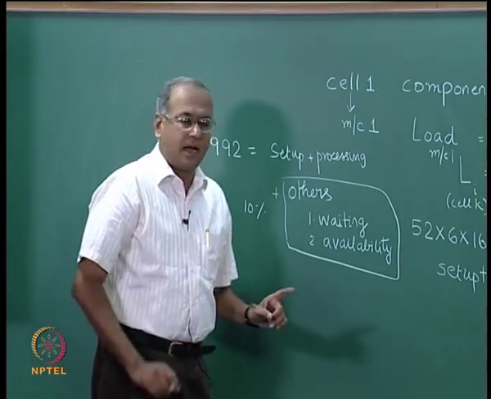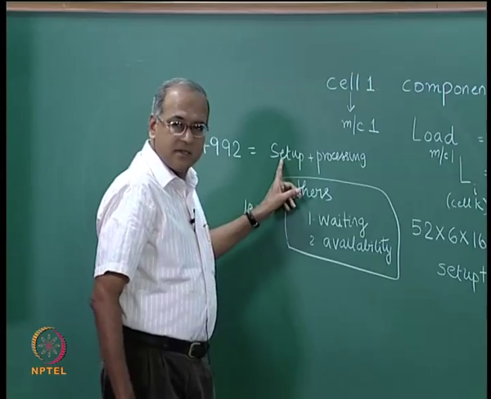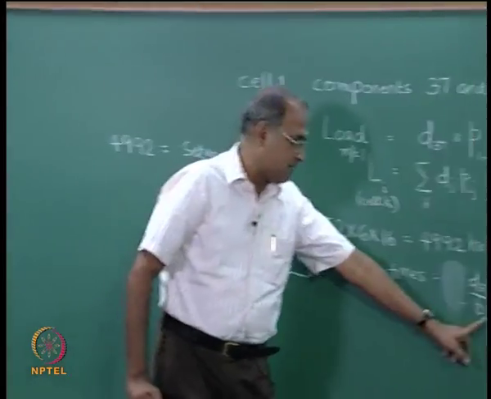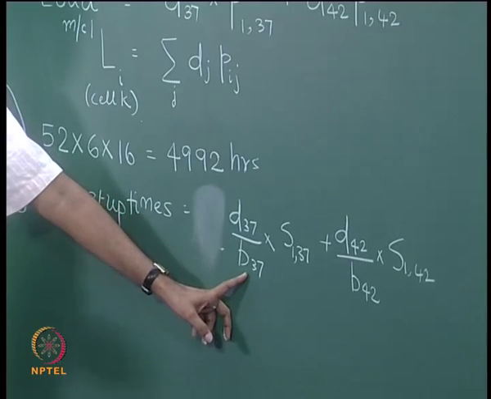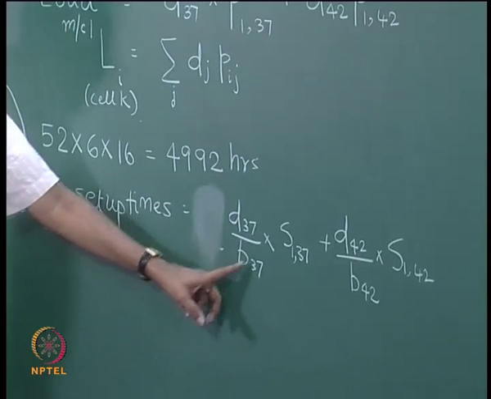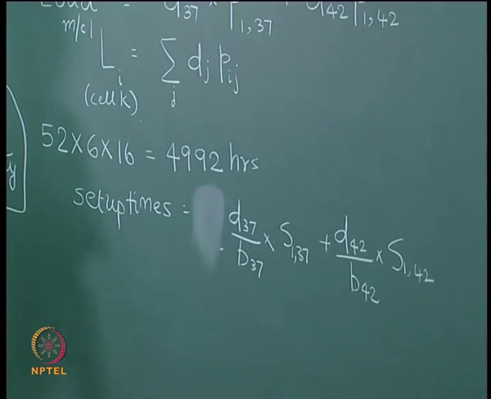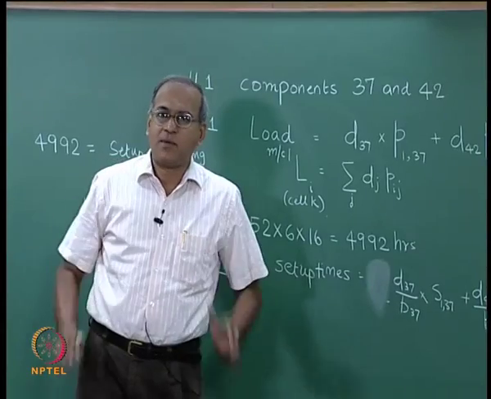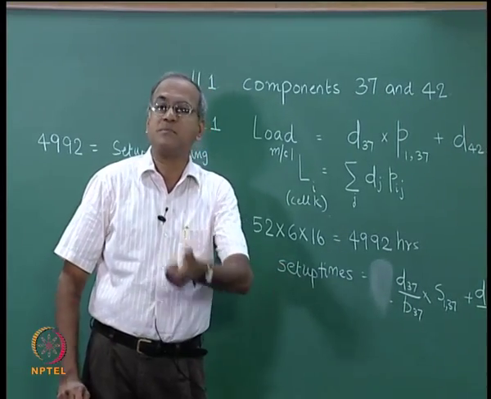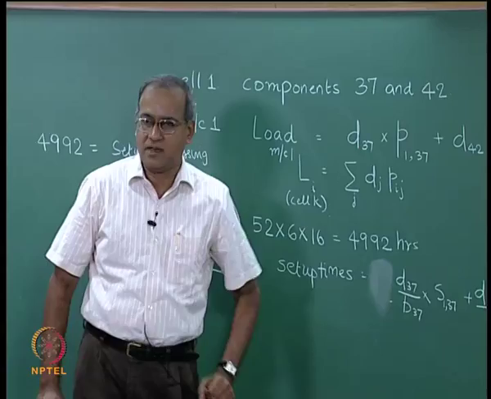Sometimes it is possible to accurately estimate this, sometimes it is not, because this batch size can also change with demand and time. So, even though it is a constant and can be measured, the batch size changes, and therefore this also cannot be measured very accurately, considering a time frame like 1 year. It is very hard to say how many times we are going to make this in 1 year.